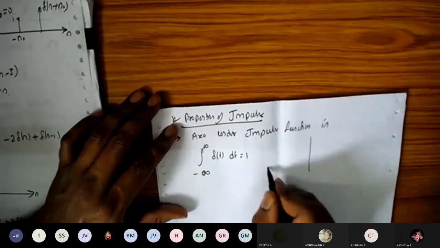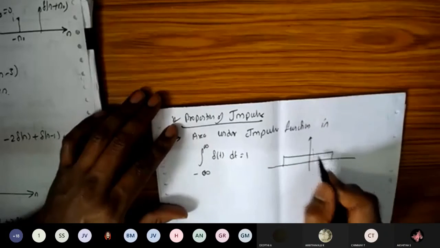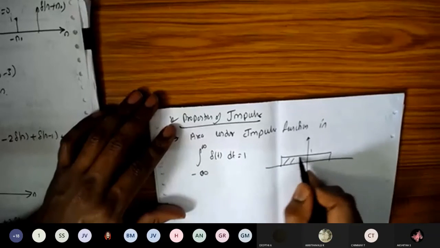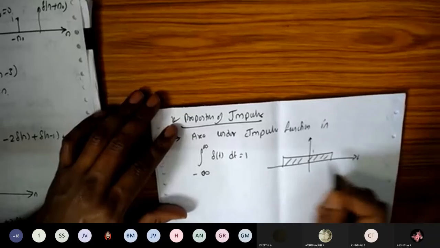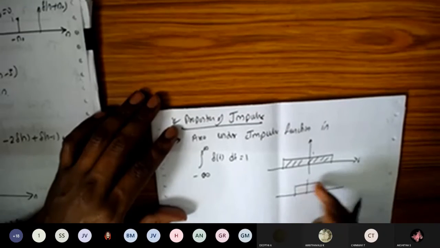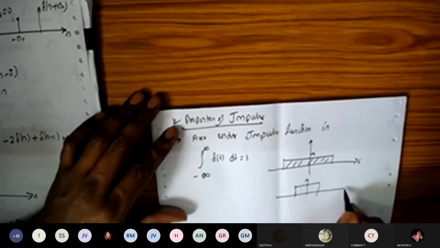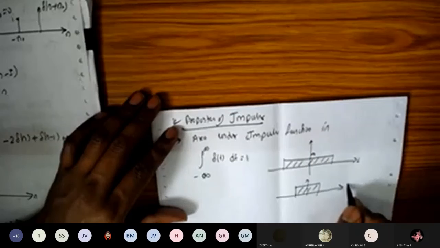Suppose I plot the impulse function something like this, the area under it should be equal to 1. Or if I plot it something like this, the amplitude is less here and the amplitude will be more there, but this area should be equal to 1.